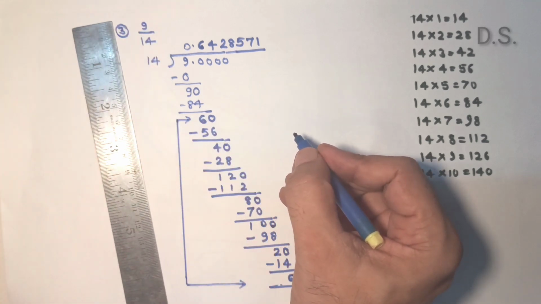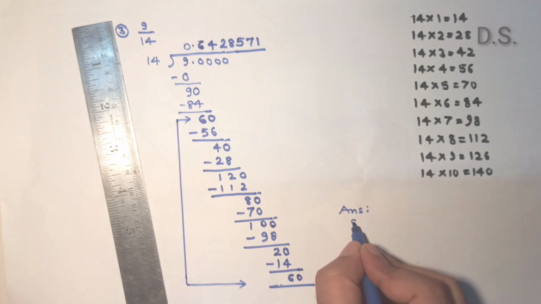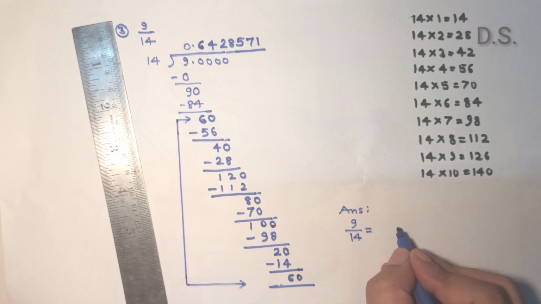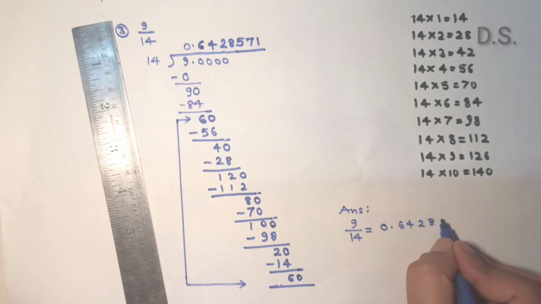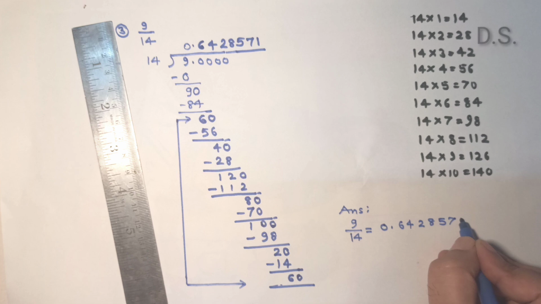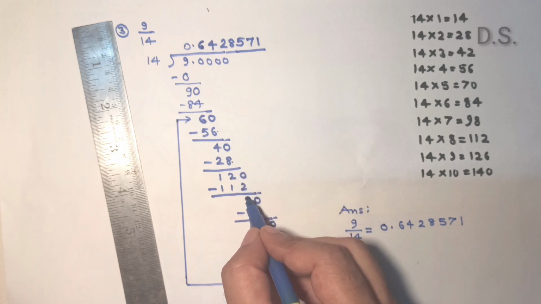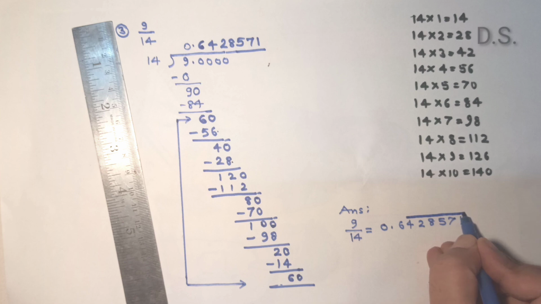You will look at this: when you divide 9 upon 14, 9 by 14, you get the answer 0.6428571, and this 428571 gets repeated, so your bar will be from 4 to 1.